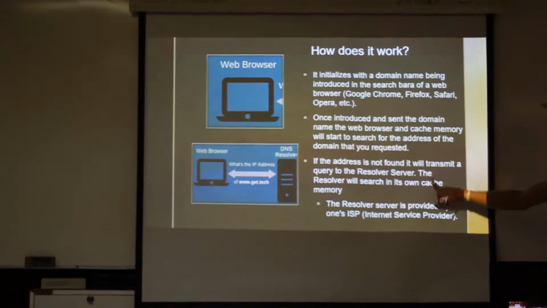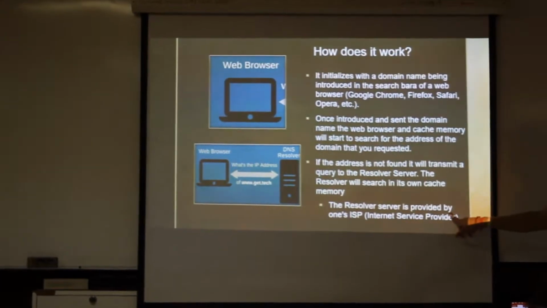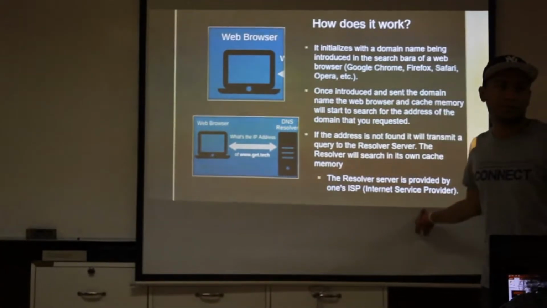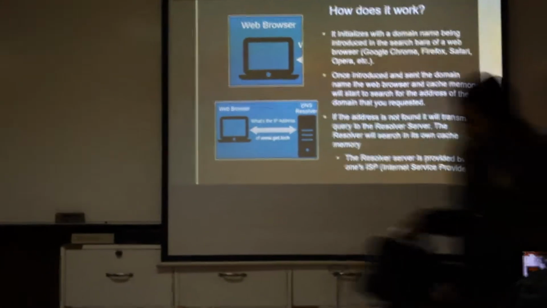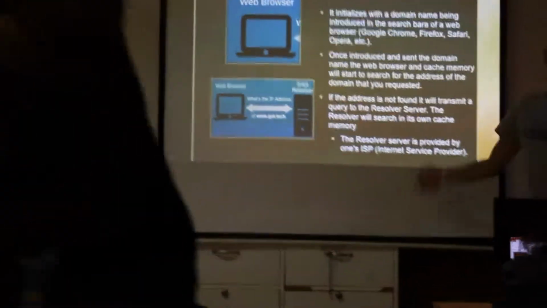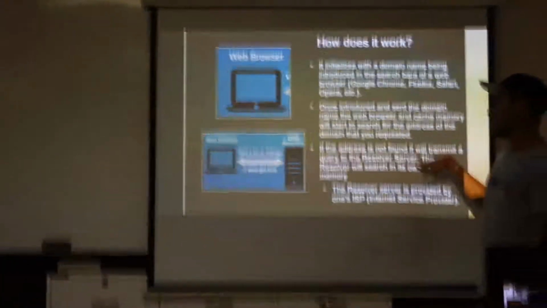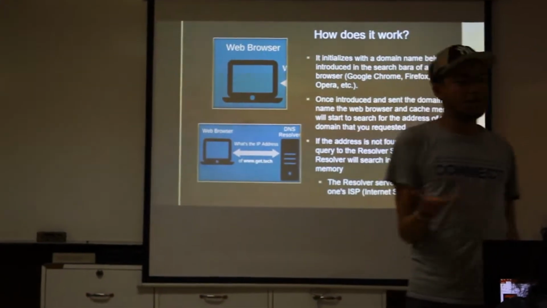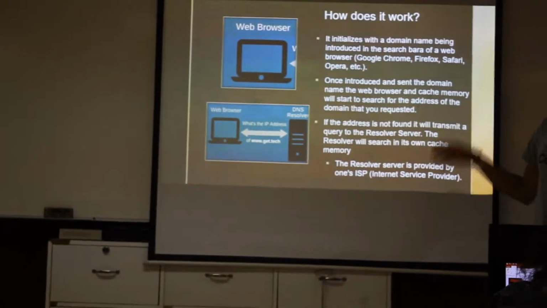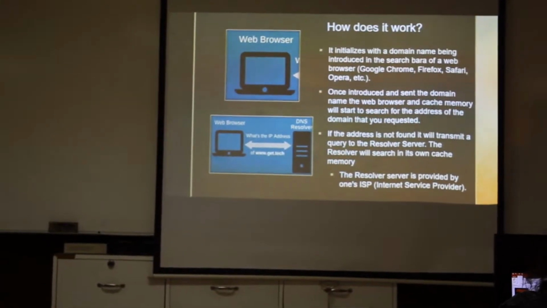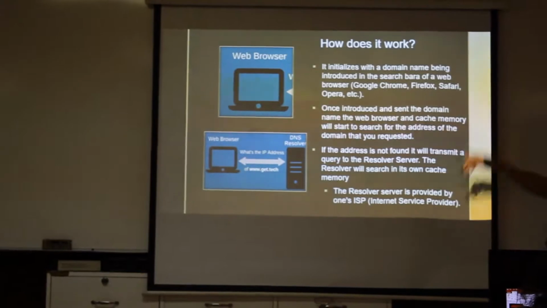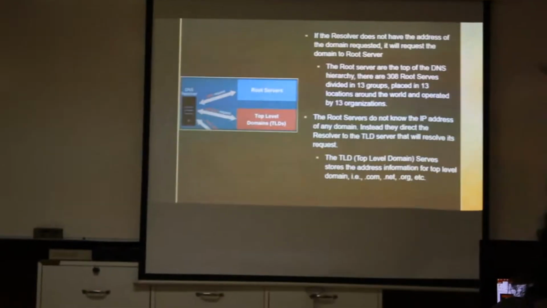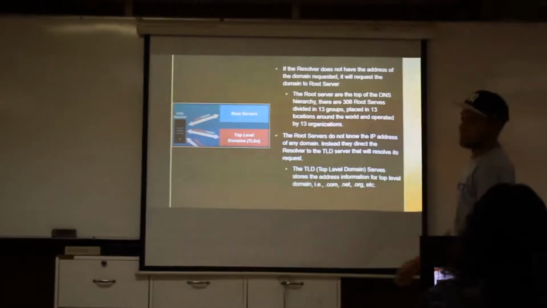The resolver server is provided by an ISP. It's given by your internet provider. That's step 2: if the URL that you are looking for is not in your cache, then the DNS comes to the resolver server.